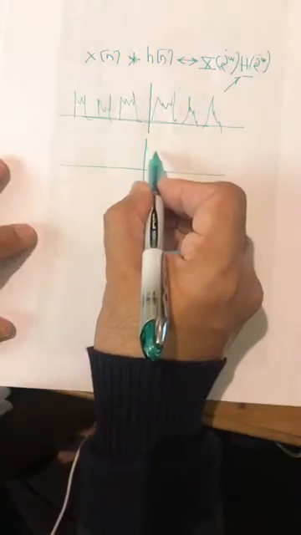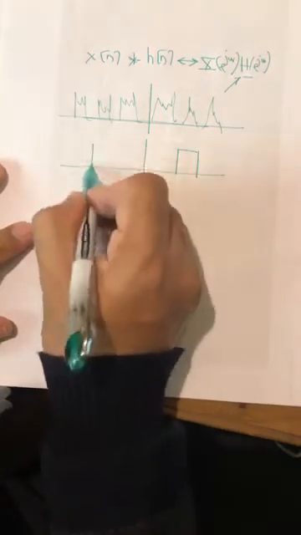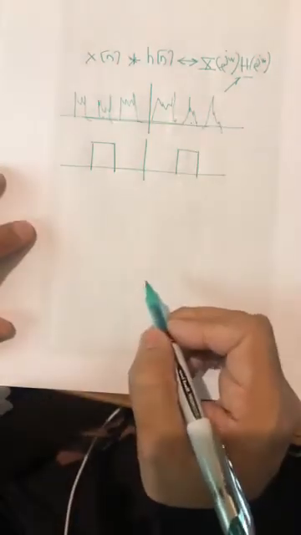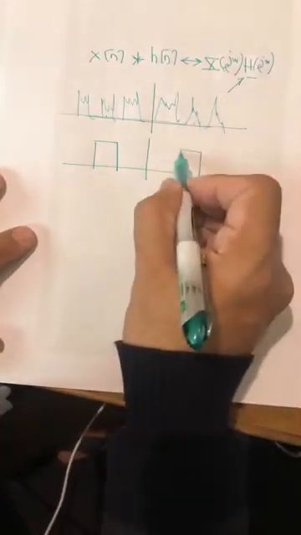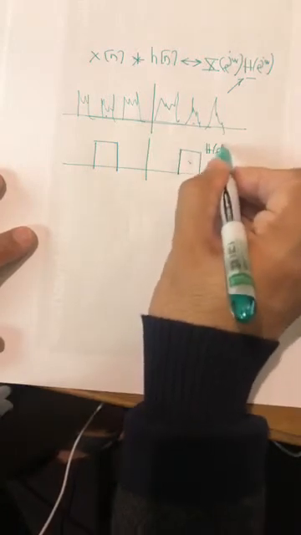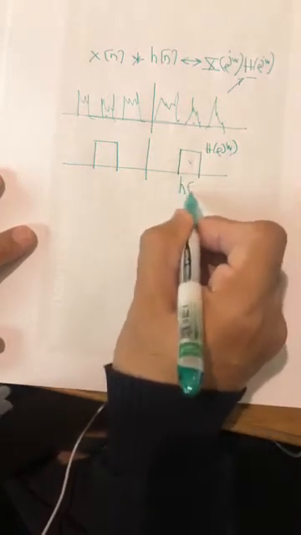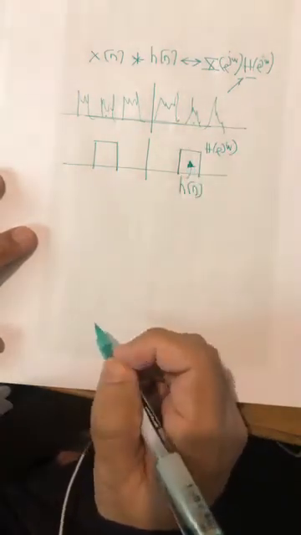For example, if you want only this part of the spectrum to remain in the signal and you want to filter the rest of them out, so you design an H of n, use Fourier transform, or the frequency response is this.